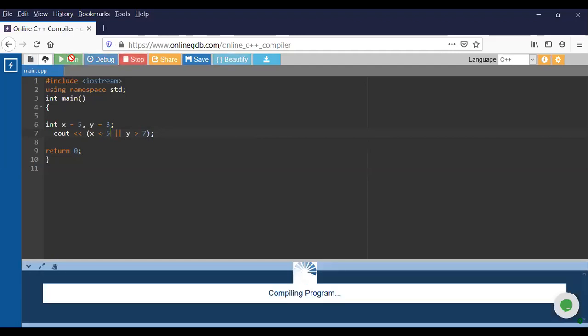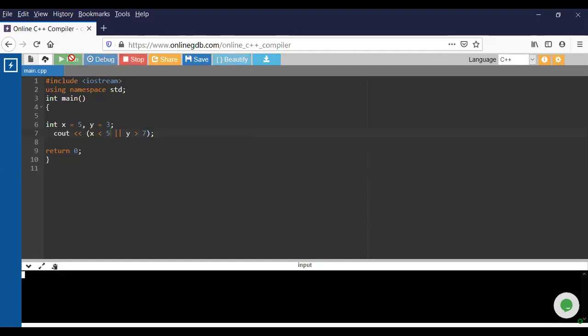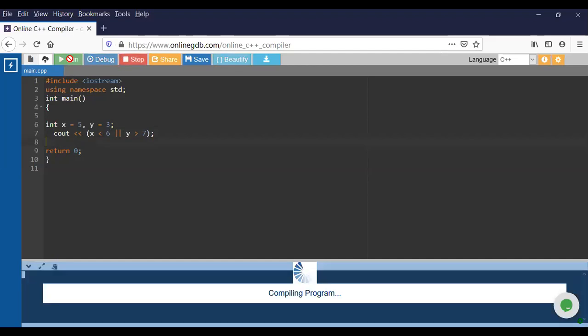Run it. It is false. Why? It is not true here. Why? It is not less than 5. Maybe we can change it to less than 6. Less than 6 means the value is 5, so maybe the answer will be 1 here.